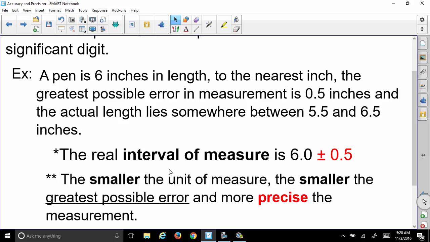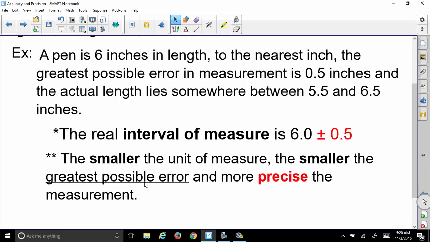The real interval of measure is 6.0 plus or minus 0.5. That's how the error is. It can be 6 minus 0.5, which gives us 5.5, or 6 plus 0.5, which gives us 6.5. So that interval can lie anywhere between the lowest amount and the highest amount, 5.5 and 6.5. The smaller the unit of measure, the smaller the greatest possible error, and the more precise the measurement is.